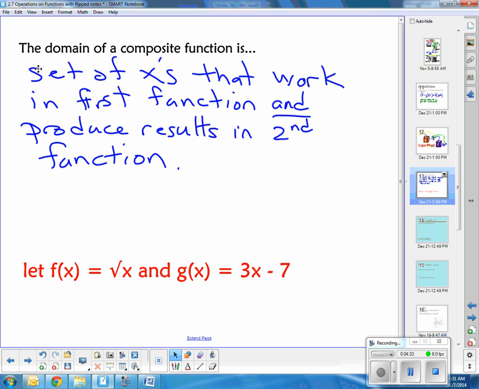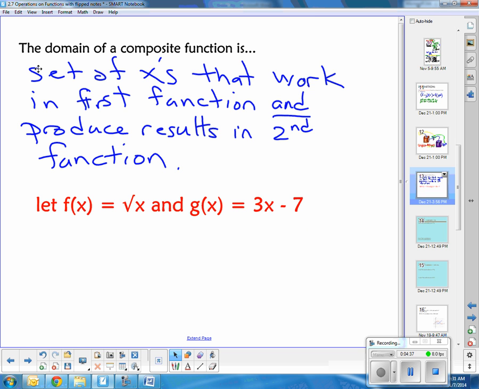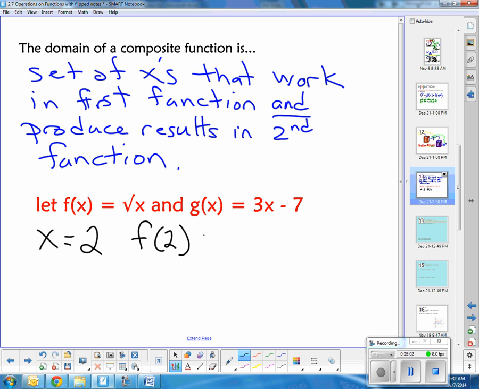We'll illustrate this using the functions f and g as defined here. f of x equals the square root of x, and g of x equals 3x minus 7. If I start with a value of x, let's say x equals 2, and I find f of 2, that's the square root of 2. That's no problem.